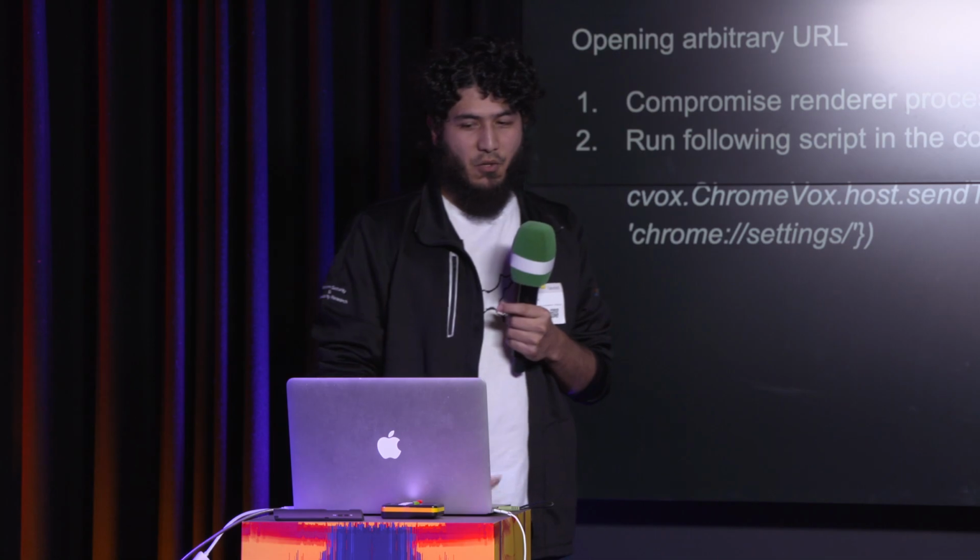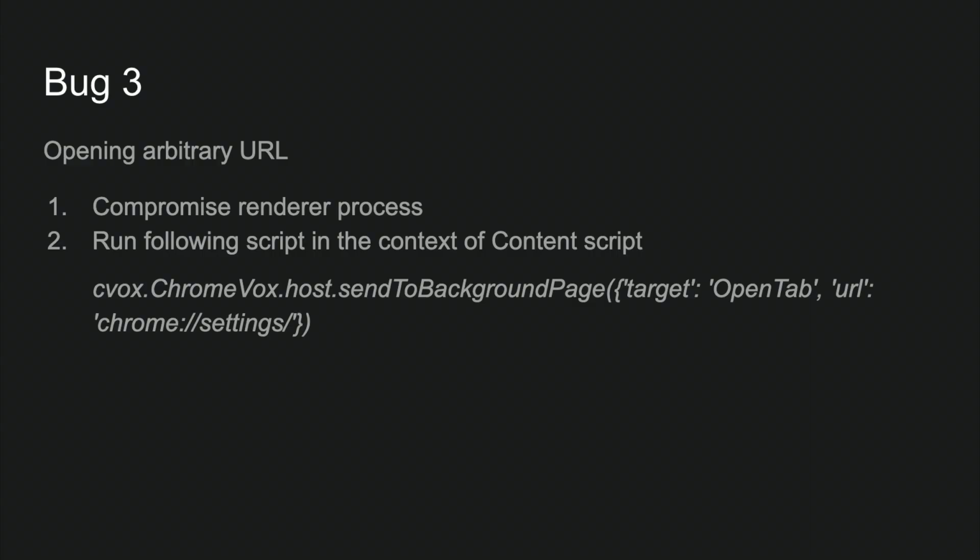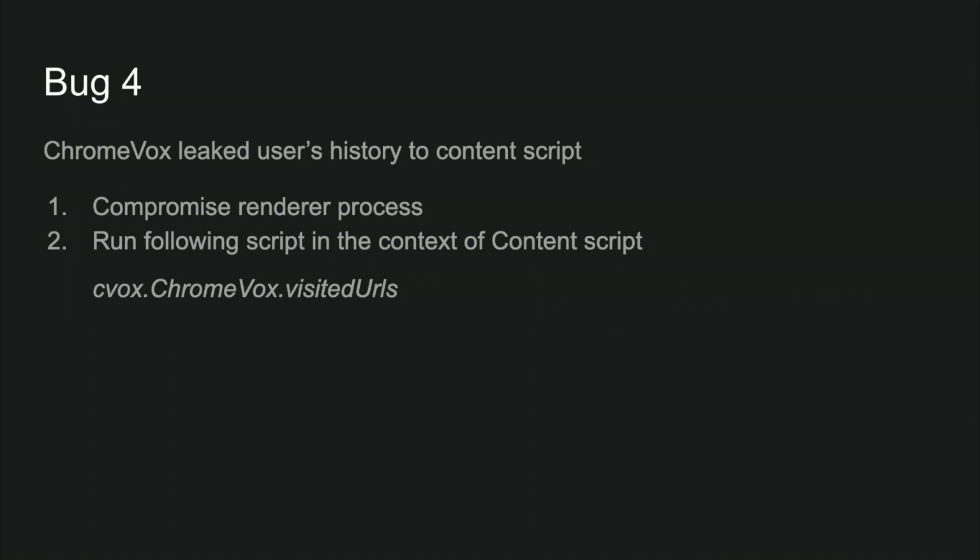So the bug was that you can open any page, which means you can read any files, and you can even open Chrome settings. The fourth bug was basically that they had 25 history entries loaded in each render process.